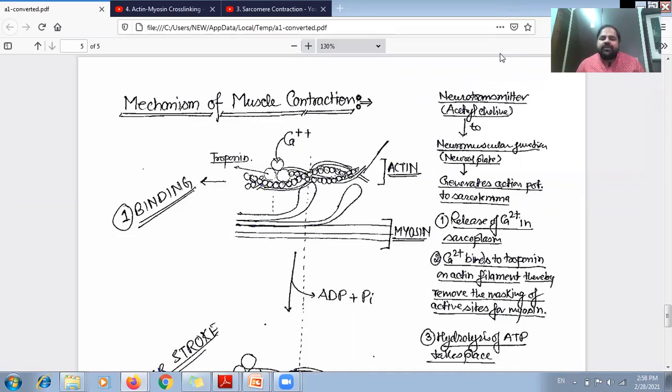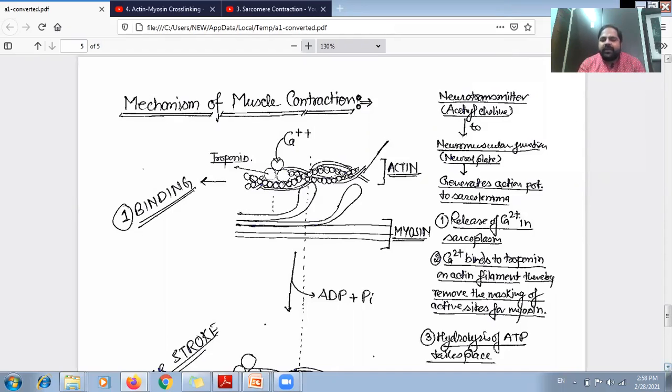As I told, these troponins are present on the actin and mask the active site of the actin. When the troponin reacts with the calcium, the active site is exposed by the removal of this troponin.